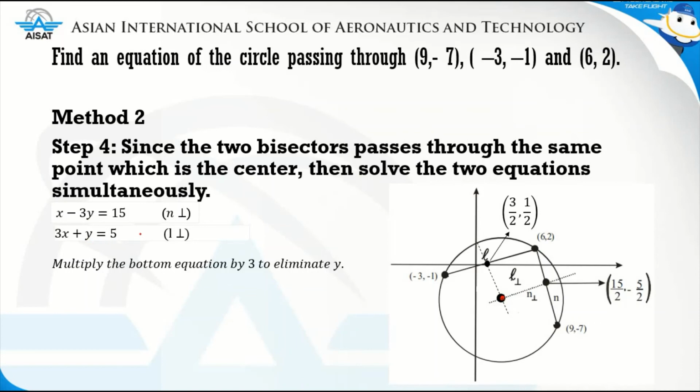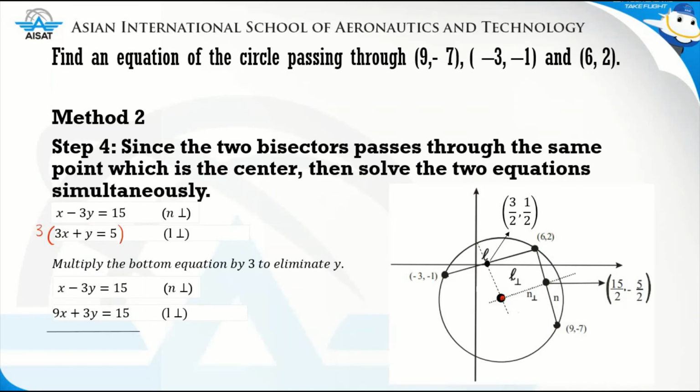So to do that, we have to multiply the second equation by 3. So that becomes, copy the first equation, which is x minus 3y is equal to 15. The second equation, we multiply by 3. So that becomes 9x plus 3y is equal to 15.